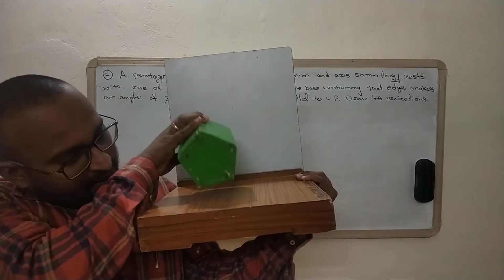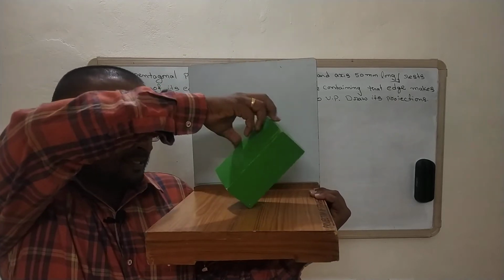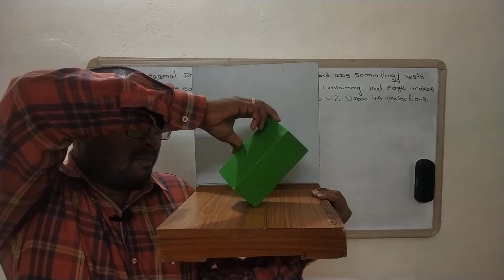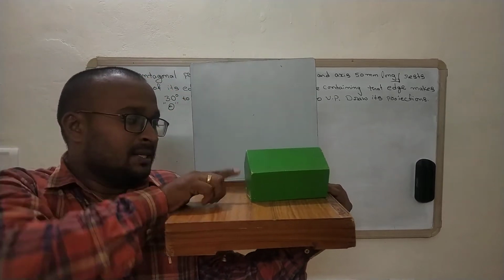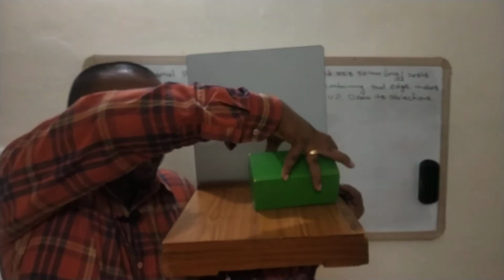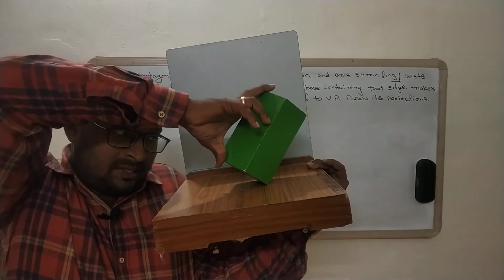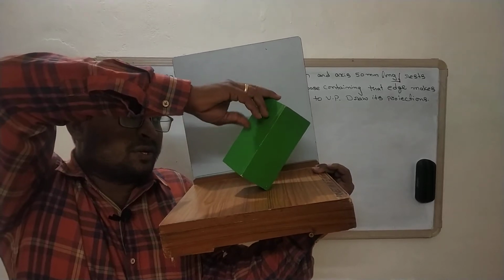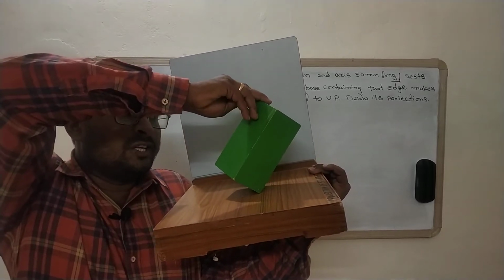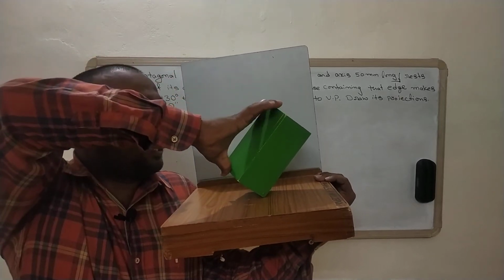So the base edge is on HP and then the axis is making an angle of 60 degrees. That means the base edge containing the base is at about 30 degrees. So that is the 30 degrees inclination. The axis inclination is about 60 degrees with HP and parallel to the VP.